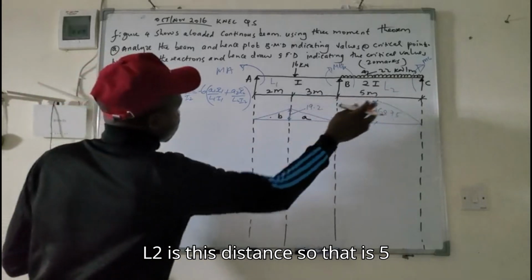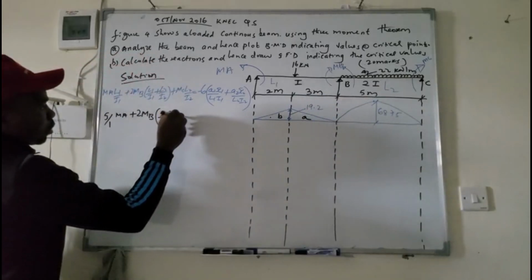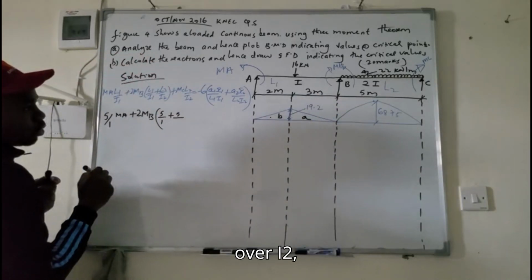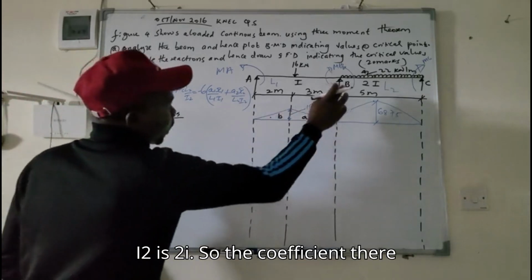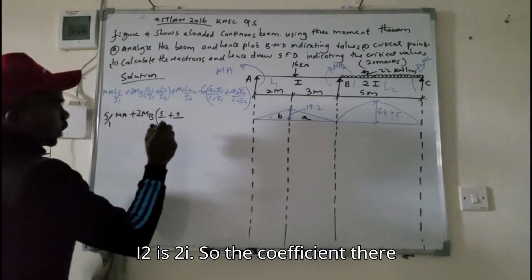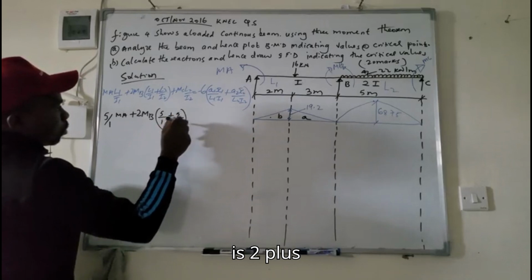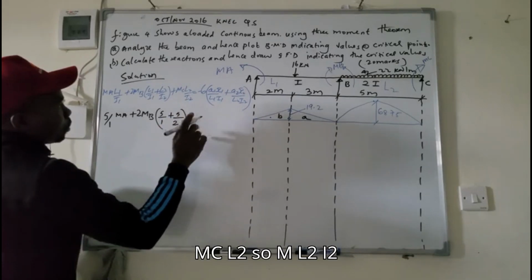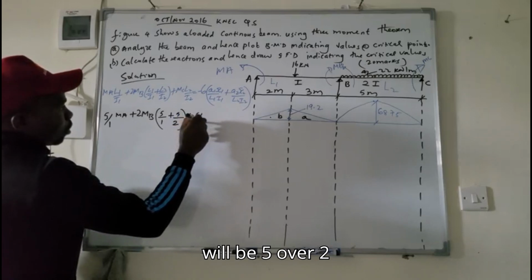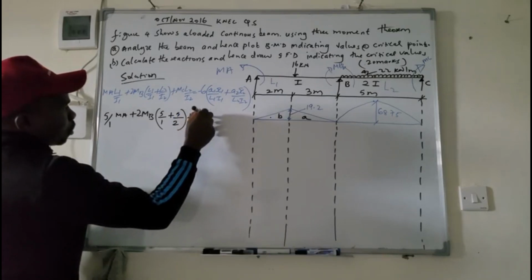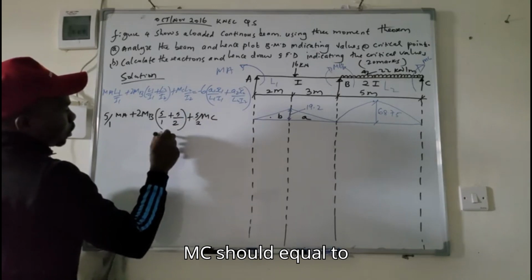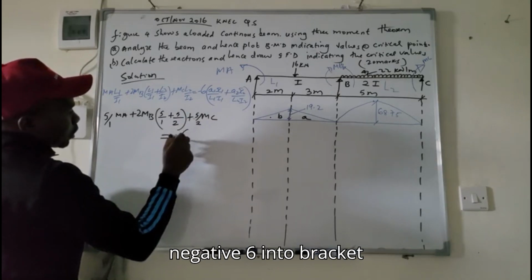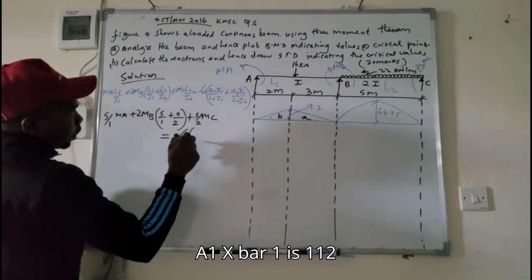L2 is this distance, so that is 5 over I2. I2 is 2I, so the coefficient there is 2, plus MC L2.